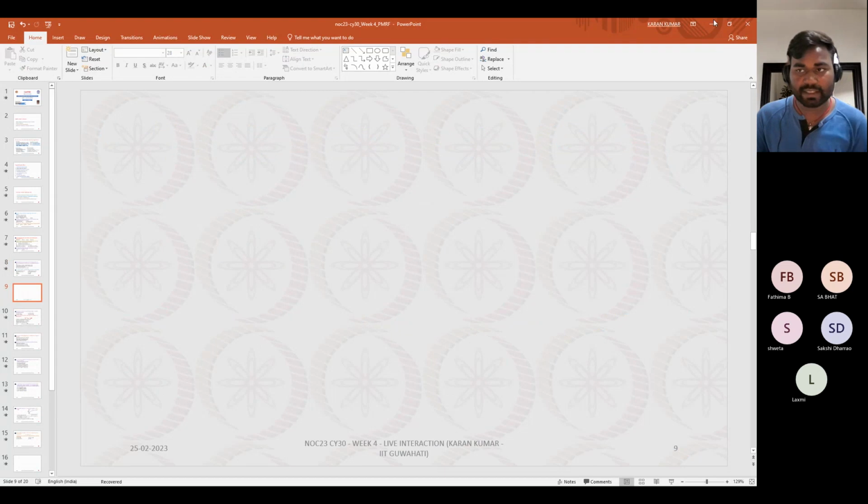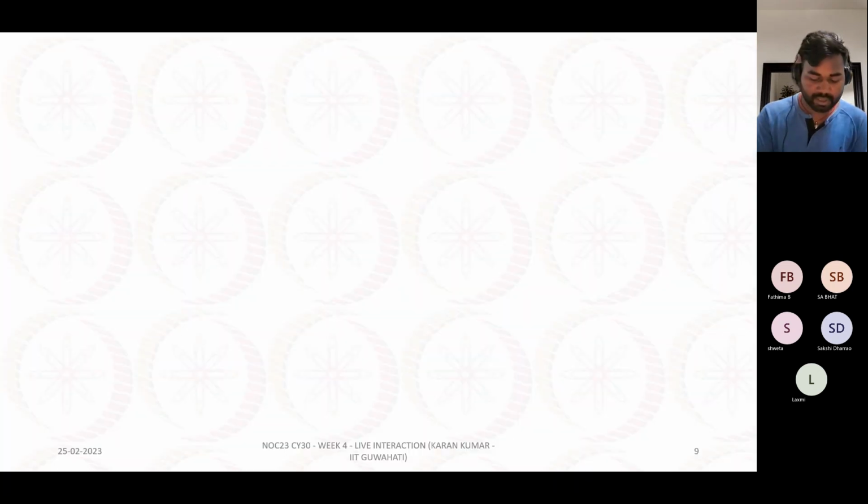So let us say there are three types of inhibition possible. Your enzyme and substrate react, forming an enzyme-substrate complex, and you finally get enzyme and product.